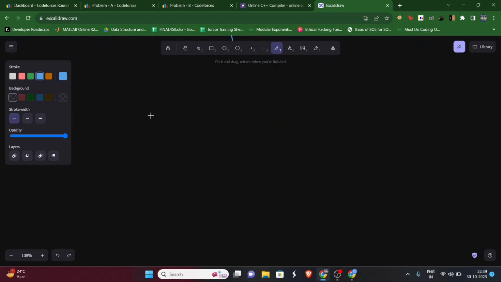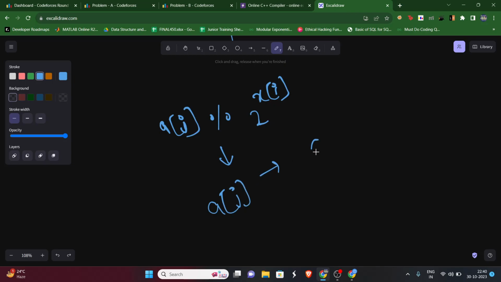The important thing to note is that whenever A of j is divisible by 2 to the power X of i, in this scenario we'll replace A of j by A of j plus 2 to the power X of i minus 1.